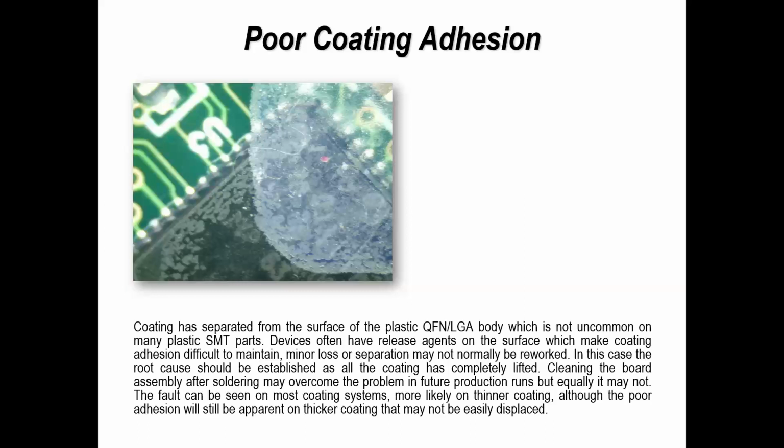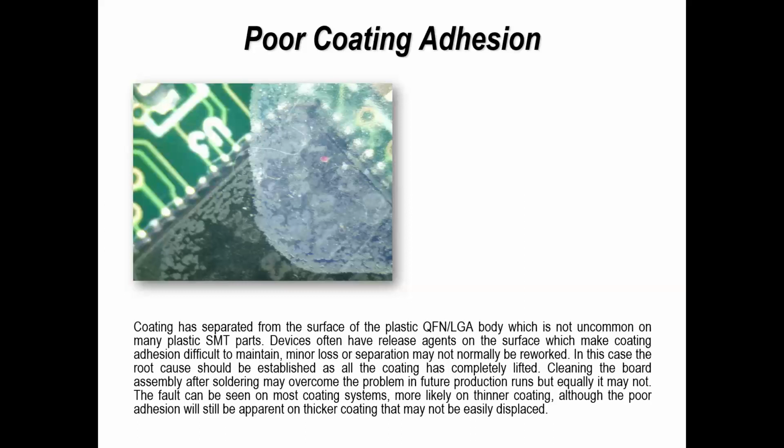But first of all, if you lose conformal coating just on the top surface of plastic capacitors, on plastic ICs, QFPs, LGAs, which this is, is it going to affect the reliability of the product? And a lot of engineers won't know, and that's a fair comment.